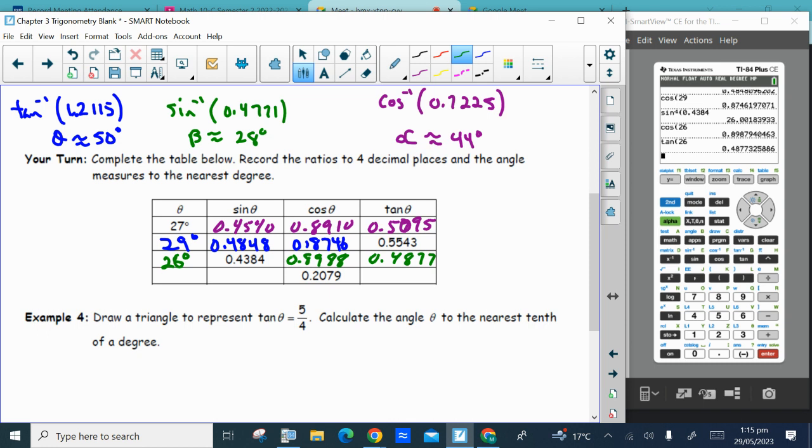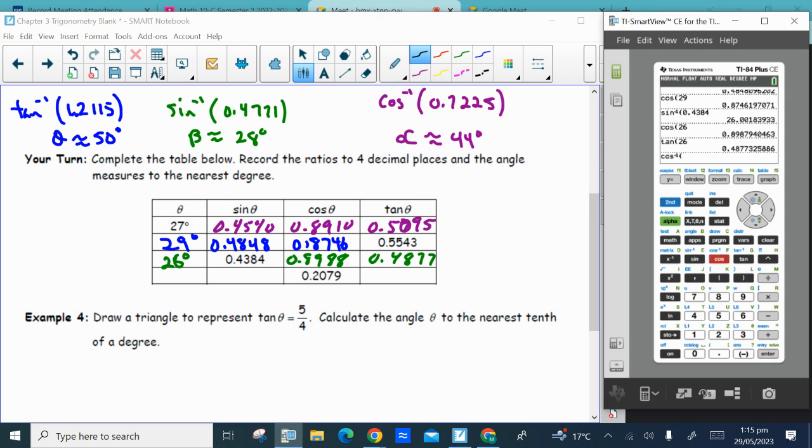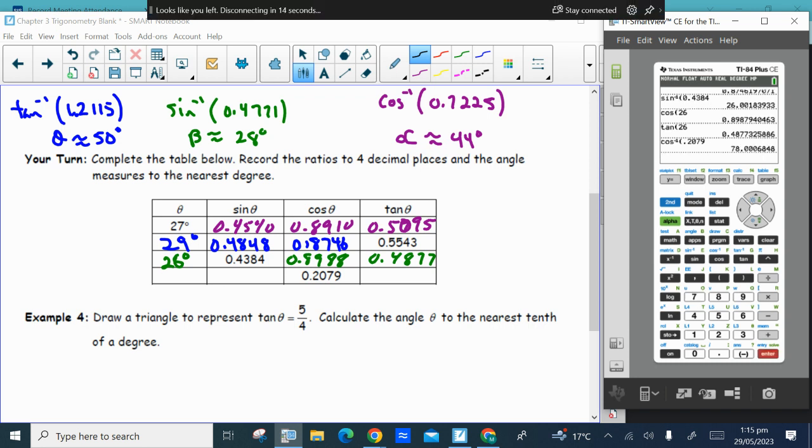And for the last row, we are told that the cosine of theta is 0.2079. So to find theta, the only way we can do it is by going second function cos of 0.2079. It tells us that theta is 78 degrees.